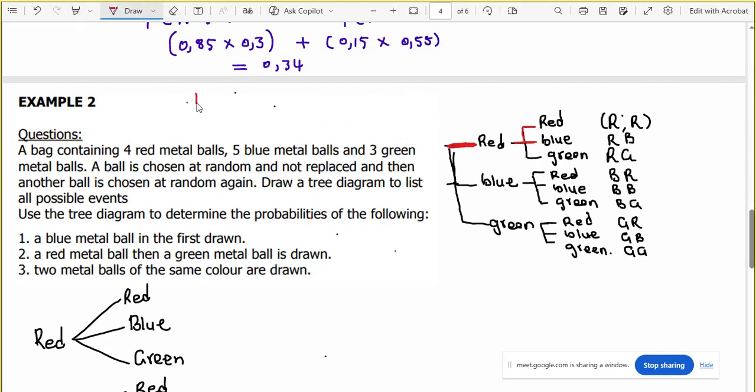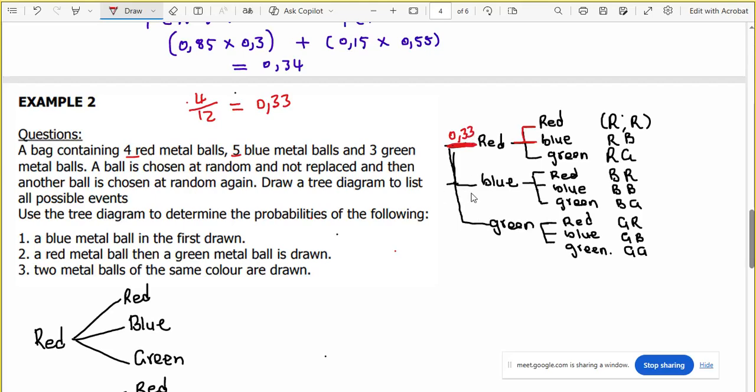So 4 red over the total, that's 4 plus 5, that's 9, plus 3, that's 12. So the probability of getting red is 4 over 12. When you divide 4 by 12, what do you get? 0.33, right? Yes. So the probability here is 0.33.